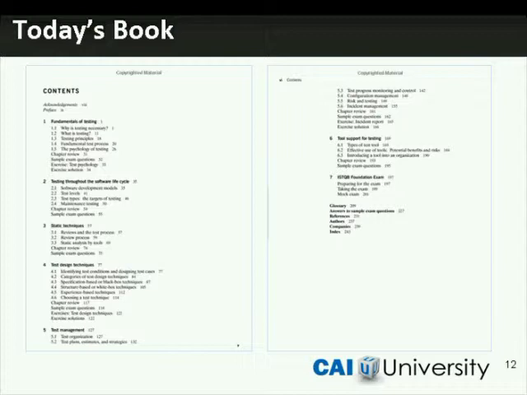Sure. So we made a decision when we wrote this book, and also when we developed the corresponding live and e-learning course. And of course, you know that we offer the e-learning course in conjunction with CAI University. We made the decision that we would follow the syllabus directly.